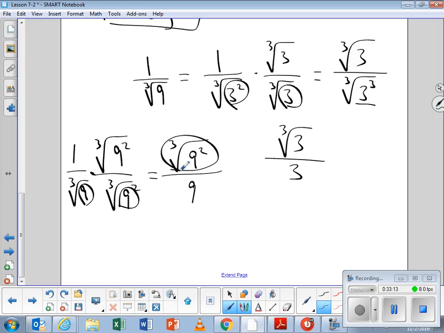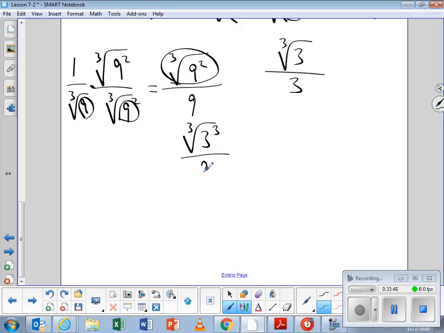Because 9 is really 3 squared, and 3 squared times 3 squared is 3 to the 4th. 9 squared is 81, which is 3 to the 4th. So it simplifies to 3 times the cube root of 3 over 9.